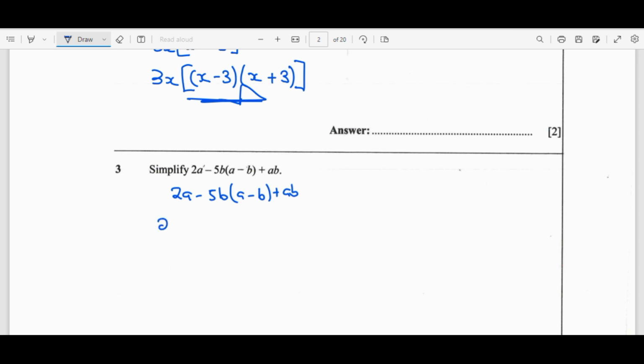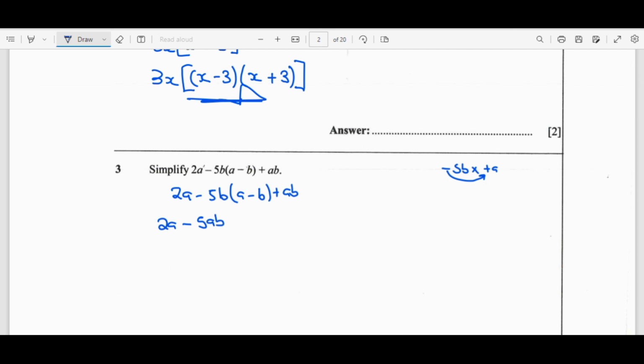So we would say 2a, and then negative 5b times a. So it is negative 5b times positive a, and negative times positive gives us a negative. So in this case, it will be negative 5ab.